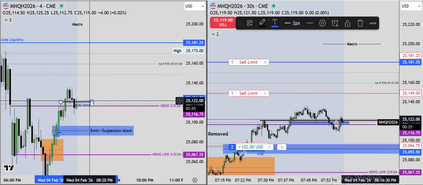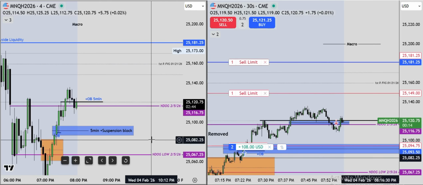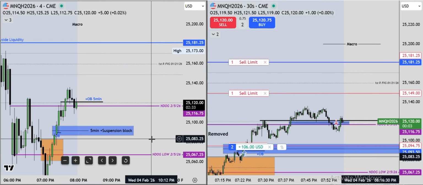All right, so I'm marking out a second. Oh no, that is actually the first order block there.